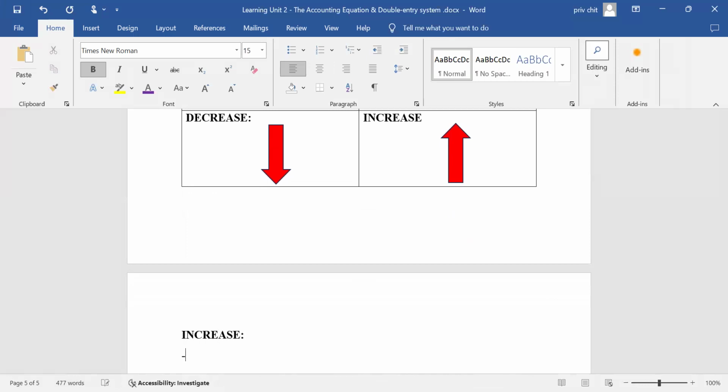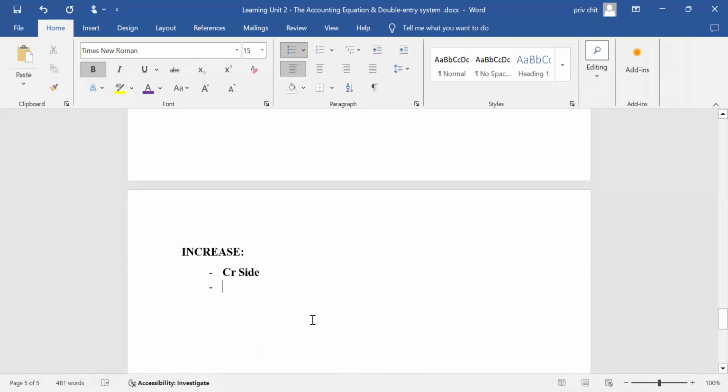So liabilities would increase on the credit side, right? So far, so good. That's number one fact that we have to establish about liabilities. They increase all the time on the credit side. But the question is, what is it that causes liabilities to increase on the credit side?